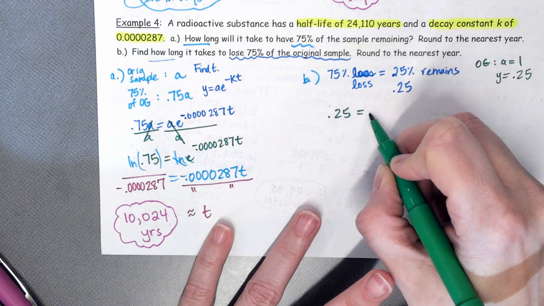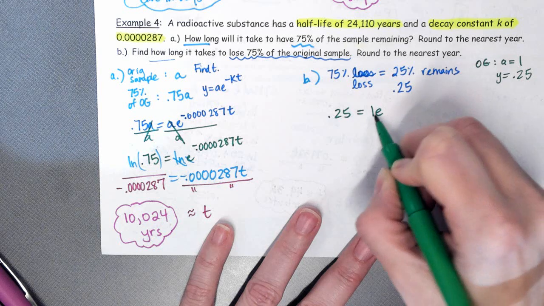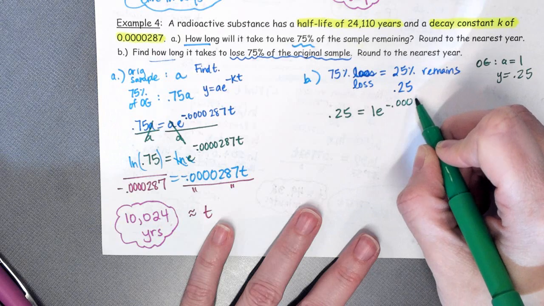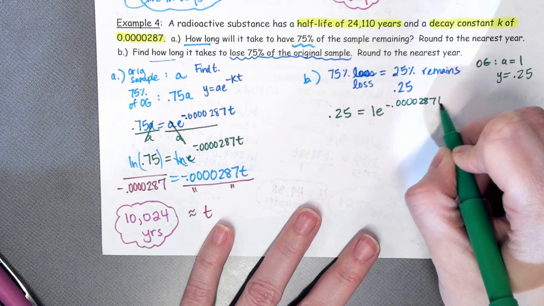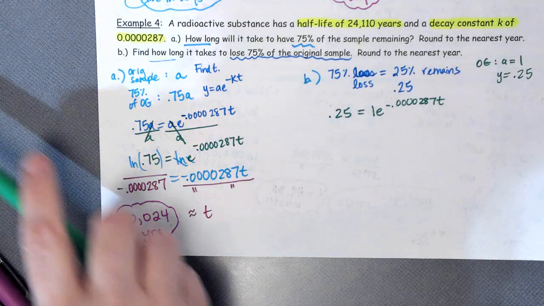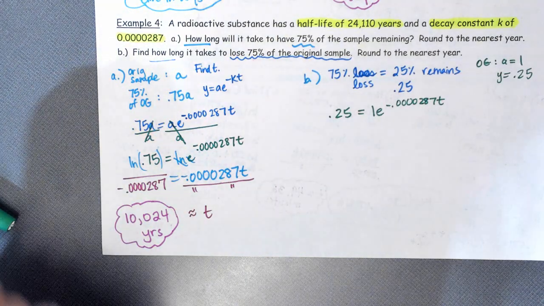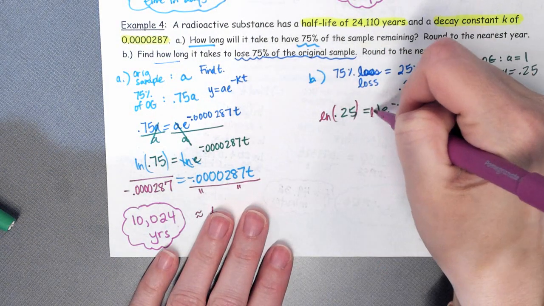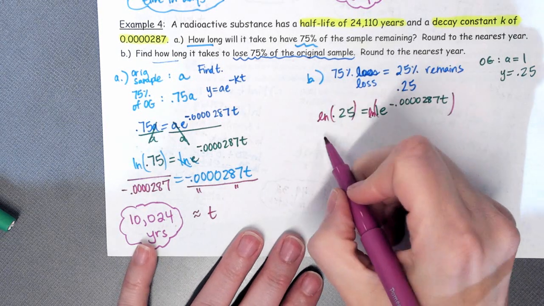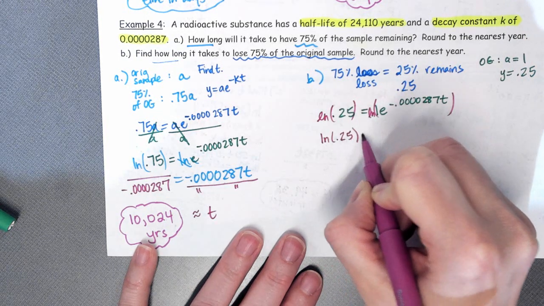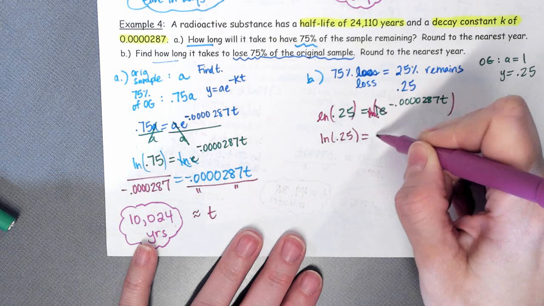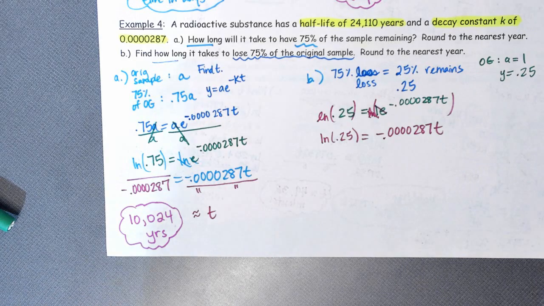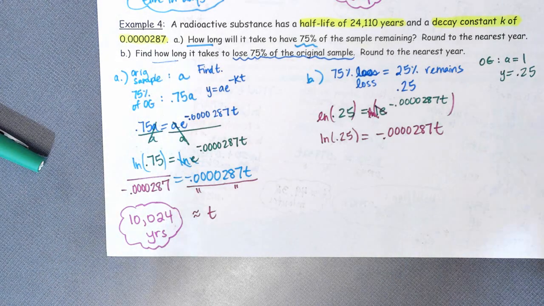Okay, 1 is going to be the same thing as if I were to write e to the negative 0.000287t. So when you take the natural log of both sides, you have the natural log of 0.25 equals, and then you just have one more step.